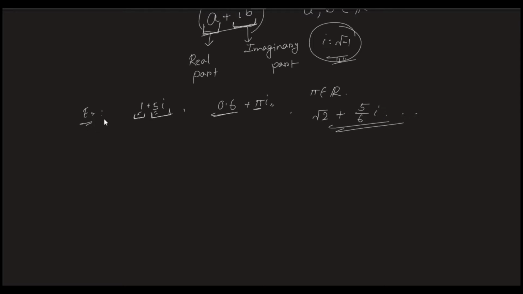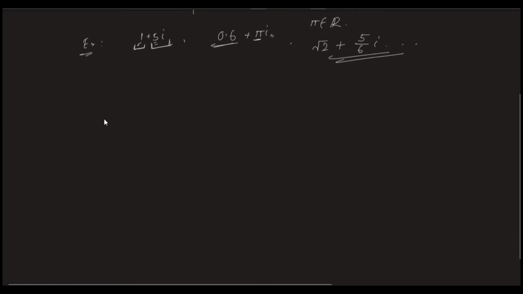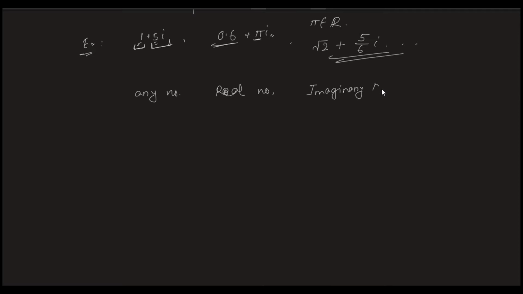Now let's see a table for better understanding. Let's draw a table. We can type here any number, next part is real number, here imaginary number, and here complex form.